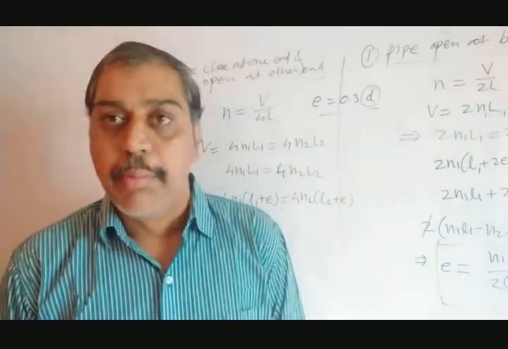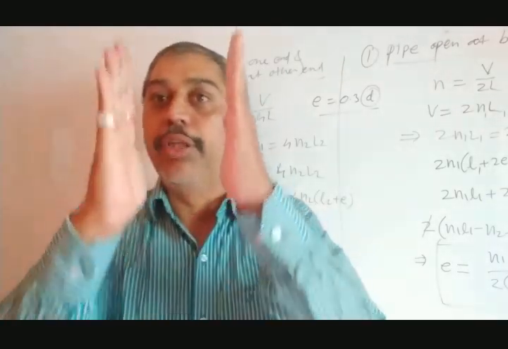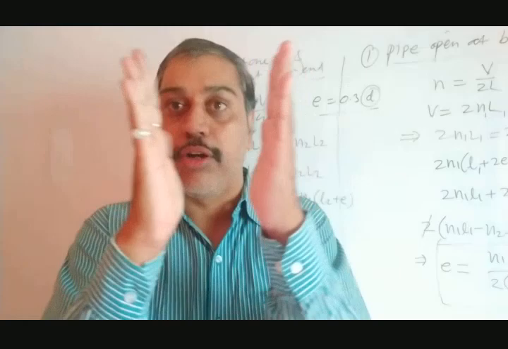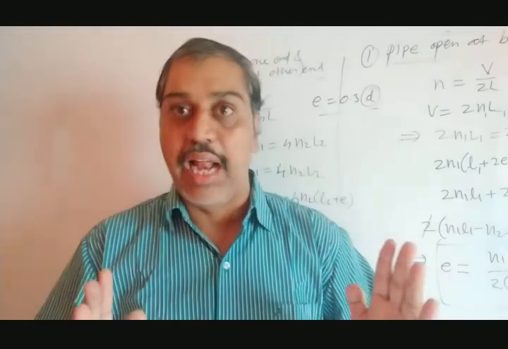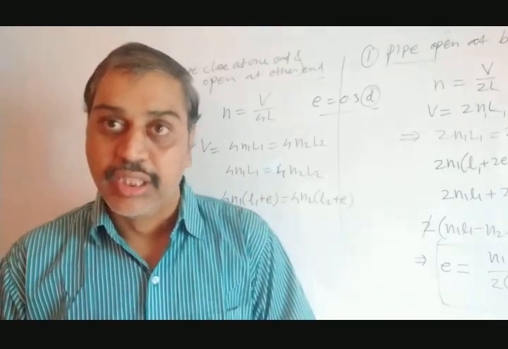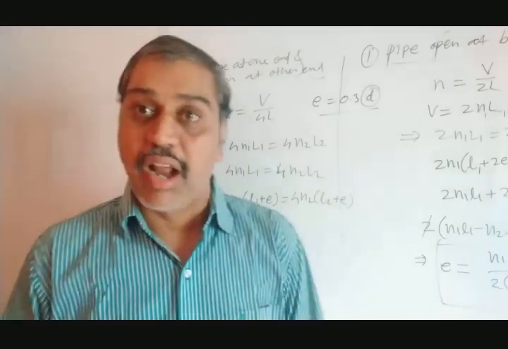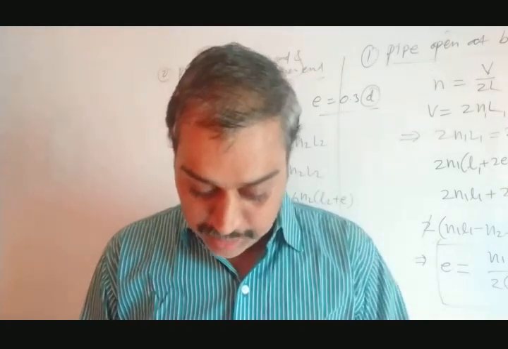Suppose at the top it is small, at the bottom it is large. That is not possible. Then the correction gets changed, and that is useless for us. So the pipe must be uniform internally. Inner diameter must be uniform.